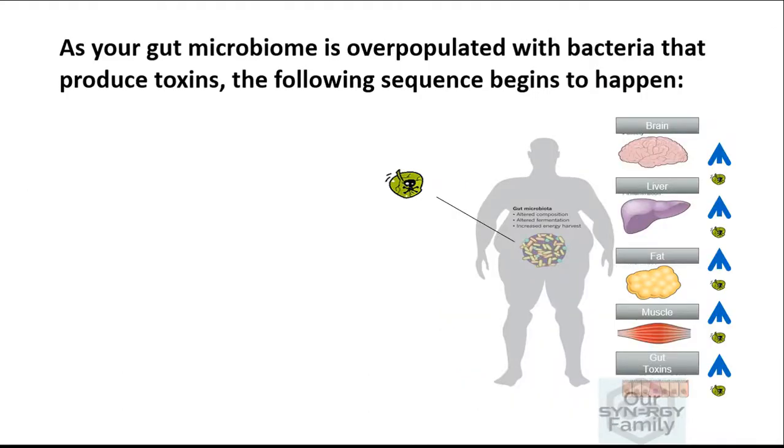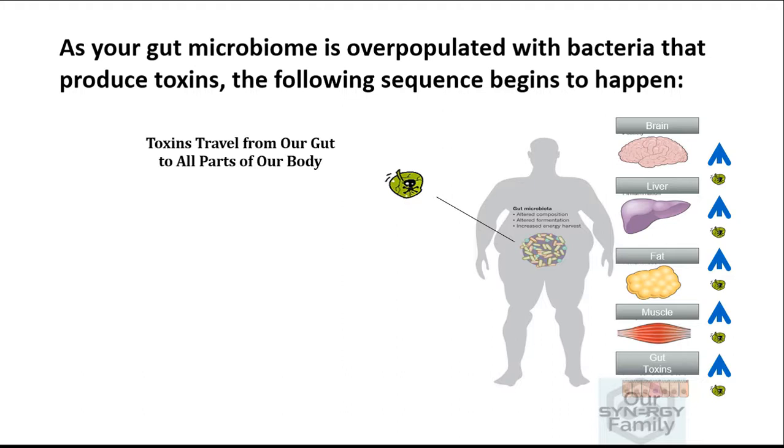As your gut microbiome is overpopulated with bacteria that produces toxins, the following sequence begins to happen. Toxins are produced that cause inflammation of the gut. Not only can this cause abdominal distress, but it leads to a condition called leaky gut, which we'll talk about next.